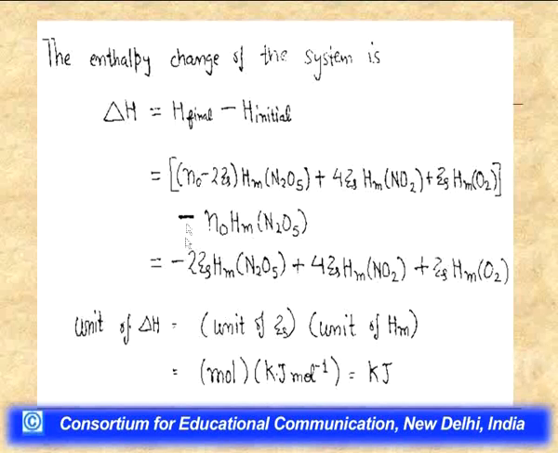So each term has a unit of ξ multiplied with the unit of molar enthalpy Hm. The unit of ξ, as I specified earlier, is mole, the amount of substance, and that is multiplied with the unit of molar enthalpy, kilojoule per mole. So per mole cancels with mole, and we end up with the unit of ΔH as kilojoule only. That is the unit of enthalpy change of the system.